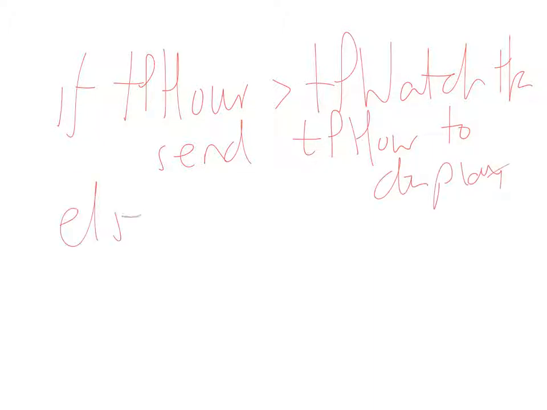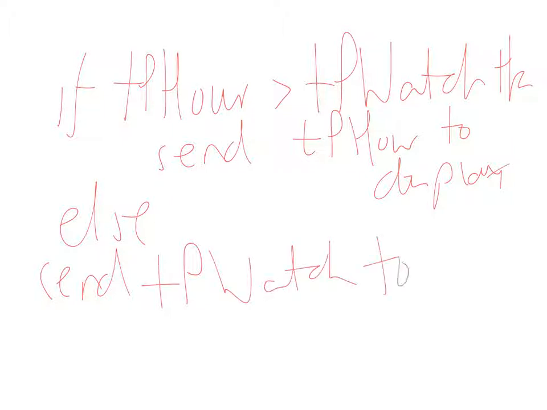Otherwise, they're either the same or total per watch is higher, so we can say send total per watch to display. So that would be our algorithm to work out which one displayed the correct value.